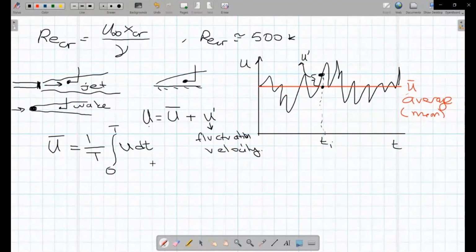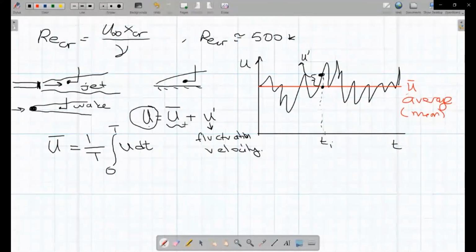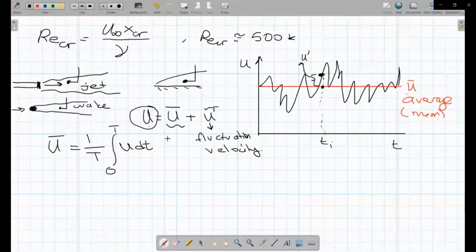So in order to handle turbulent flows, we use this decomposition, meaning that we have our actual velocity u, or instantaneous velocity u. We decompose it into two parts, an average velocity and the fluctuation velocity, and then our Navier-Stokes equations or boundary layer equations, whatever we're interested in, must be true for all of these components.